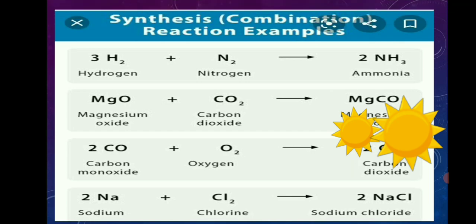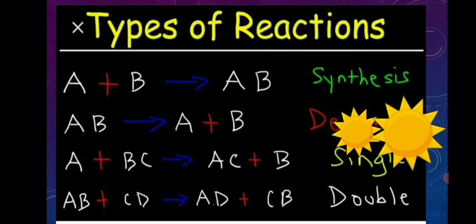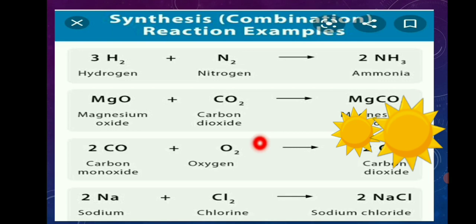First, we have to know about the synthesis or combination reaction. It is a chemical reaction in which two or more substances or reactants combine to form a new substance or product. For example, the combination of hydrogen and nitrogen gives us ammonia, or the combination of sodium and chlorine gives us sodium chloride.